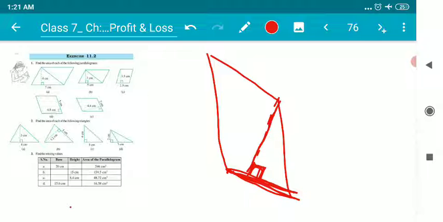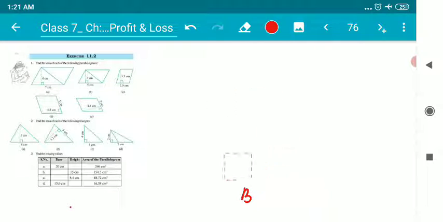So this is the height of this parallelogram, and this is the base. The line segment on which 90 degree is formed is called the base, and the line segment forming 90 degree is called the altitude or the height of the parallelogram. So this was some primary concept about parallelograms.